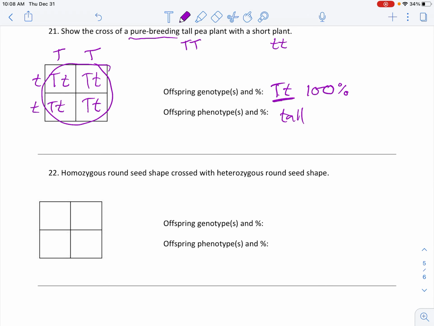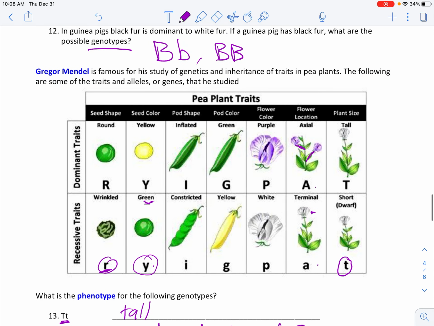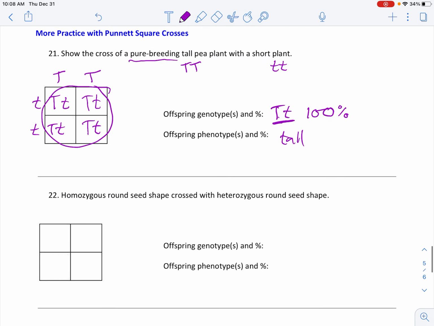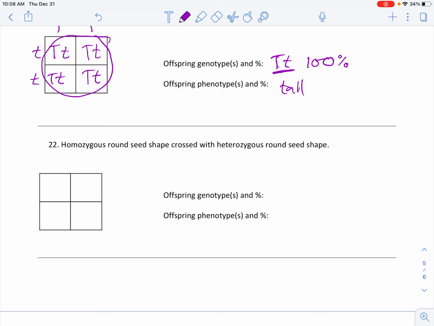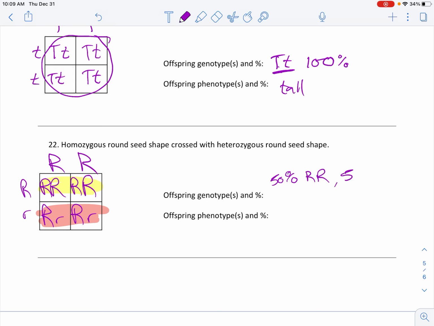Homozygous round seed shape crossed with heterozygous round. So homozygous round would be big R, heterozygous round would be big R, little r. Offspring genotypes and percentages: I have a 50% chance of this, and I have a 50% chance of that.